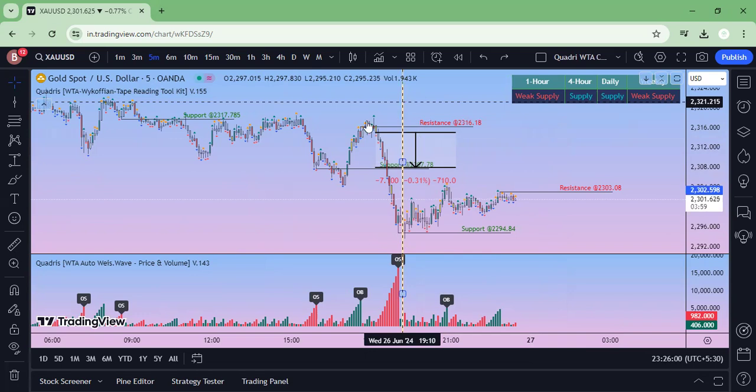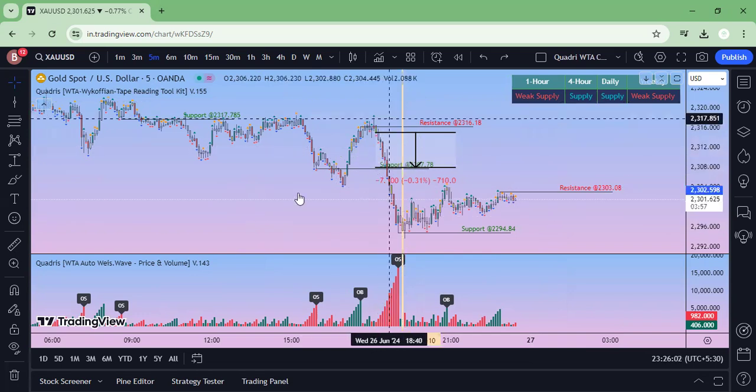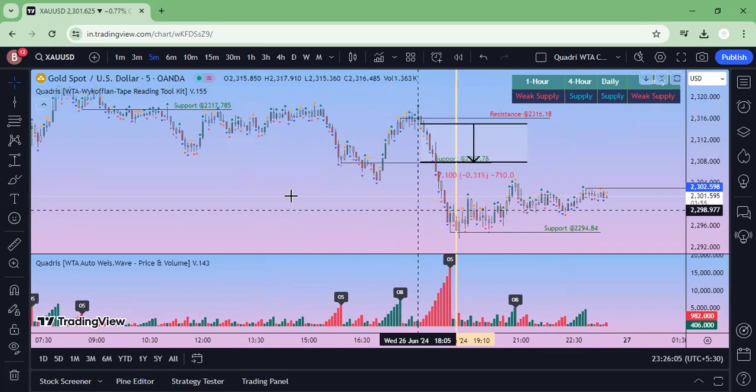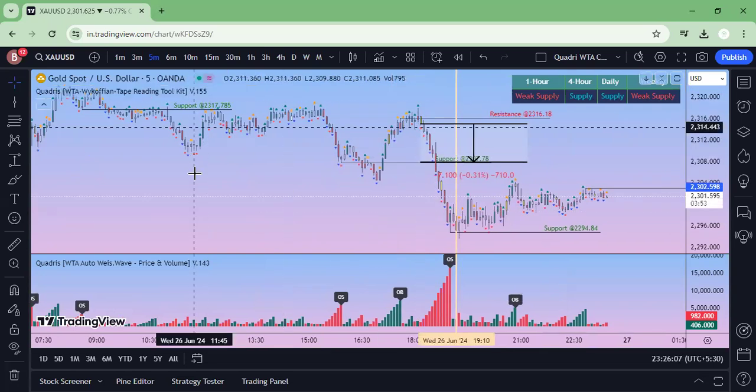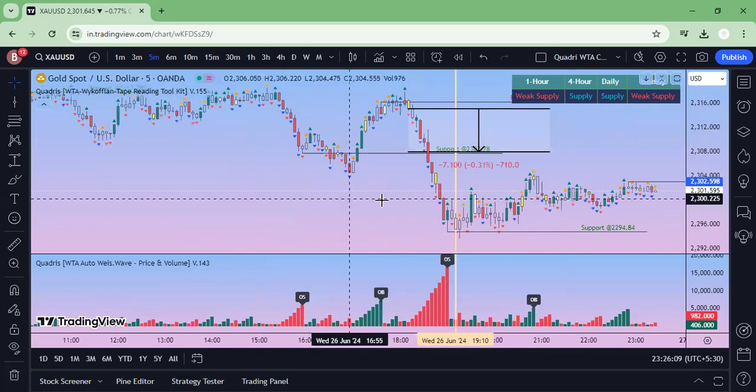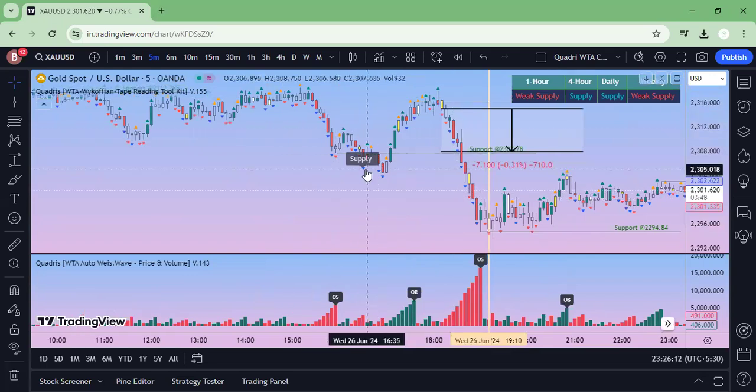If you have any questions, and this is officially released from today, version 155, and this is a tool, or this is the entire system in itself.